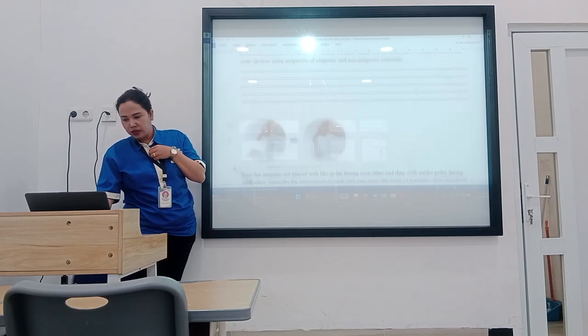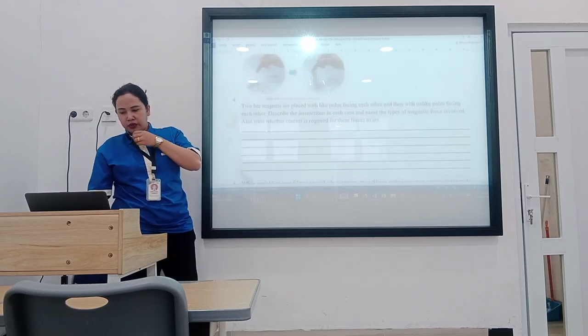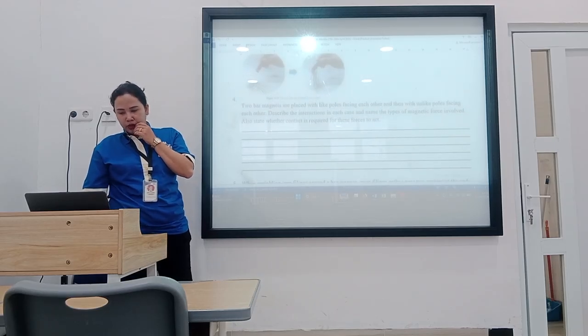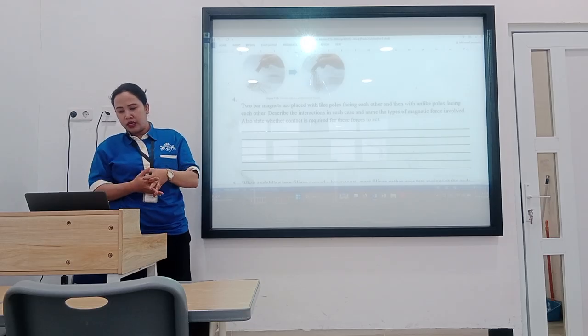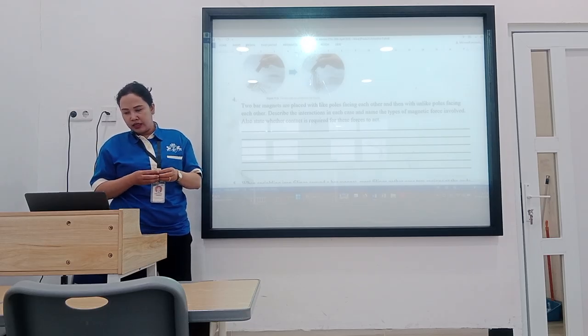Number four. Two bar magnets are placed with like poles facing each other. So when two bar magnets are placed with like poles facing each other, they will repel due to magnet repulsion, while unlike poles facing each other will attract each other due to magnet attraction.